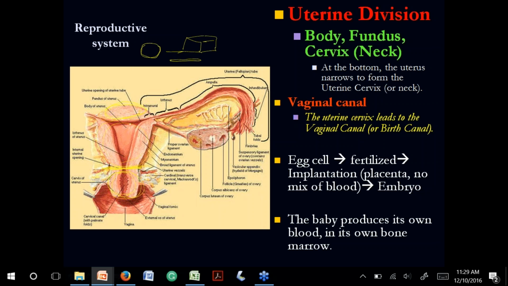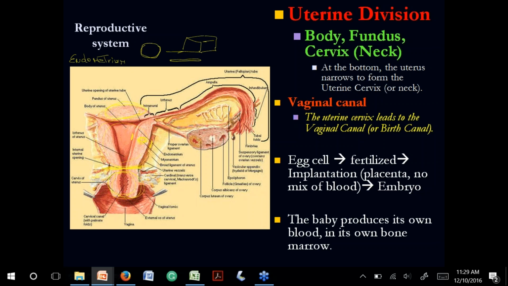Anyhow, here we are going to have three layers: the inner layer, the middle layer, and the outer layer. This inner layer is going to be the endometrium. You're good in medical terminology. I hope everybody finished already. Third review.